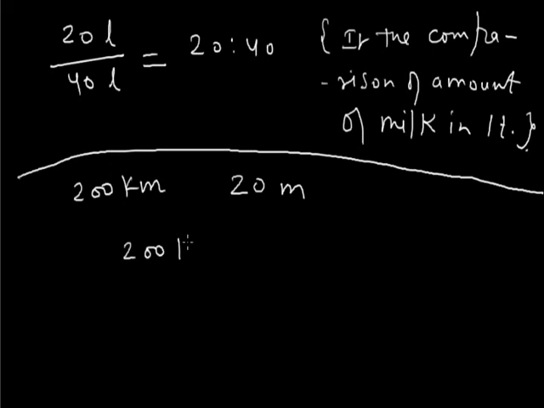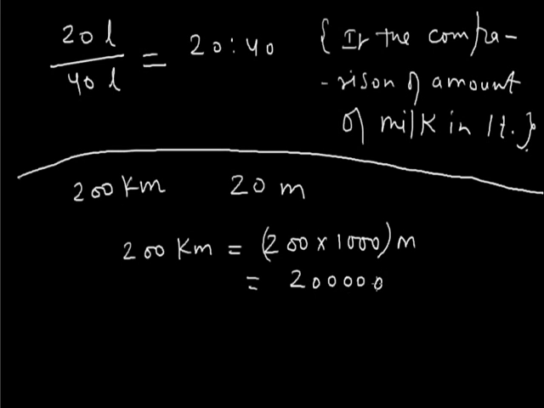We can compare 200 kilometers with 20 meters by converting both quantities into the same single unit. 200 kilometers is equal to 200 multiplied by 1000 meters, which is 2 lakh meters. Now we can compare 2 lakh meters with 20 meters as 2 lakh upon 20, which is 2 lakh is to 20.